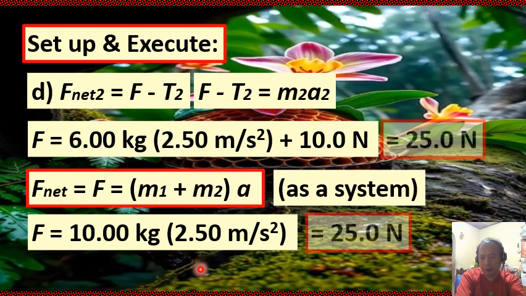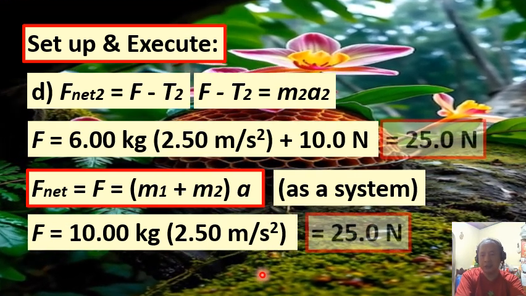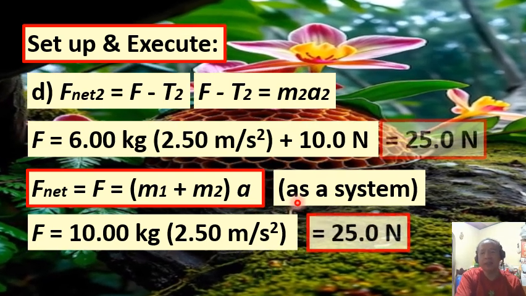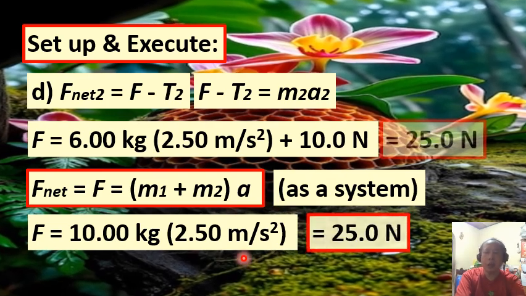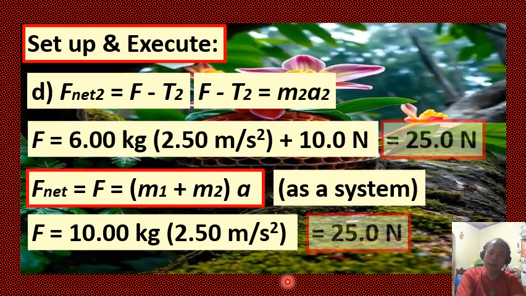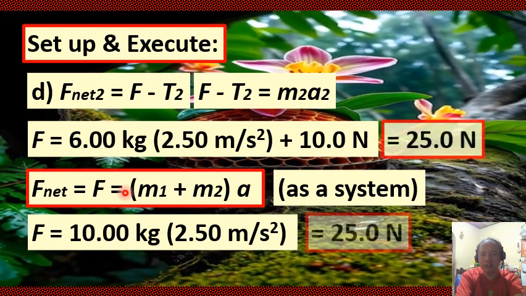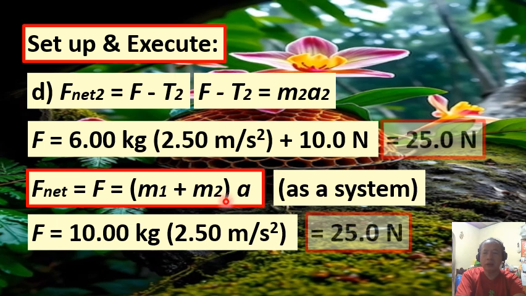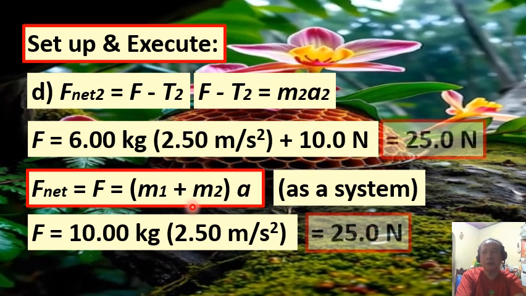This is because, as far as the system is concerned, the tension force in the string is considered an internal force that is within the system. So this equation only considers the external force acting on the system, which does not include the tension force in the string.